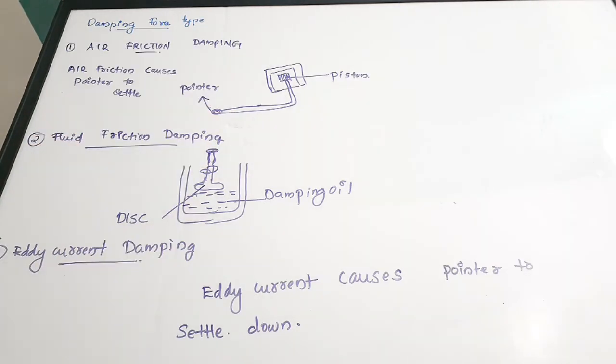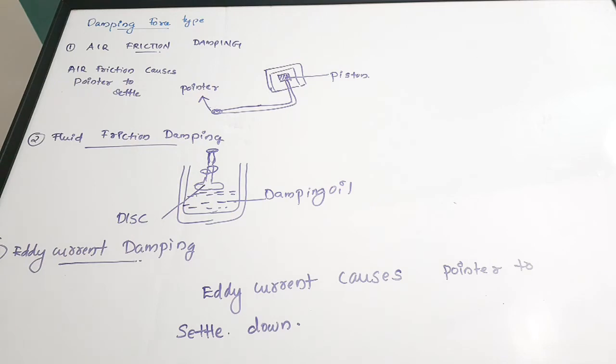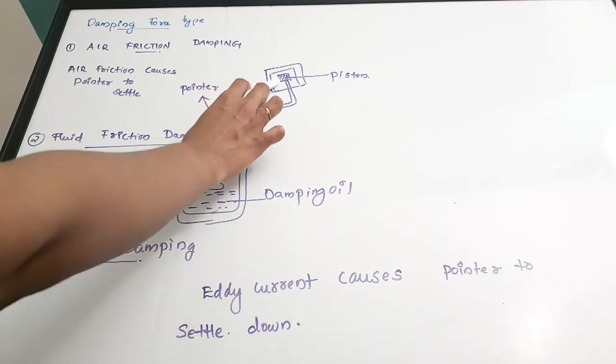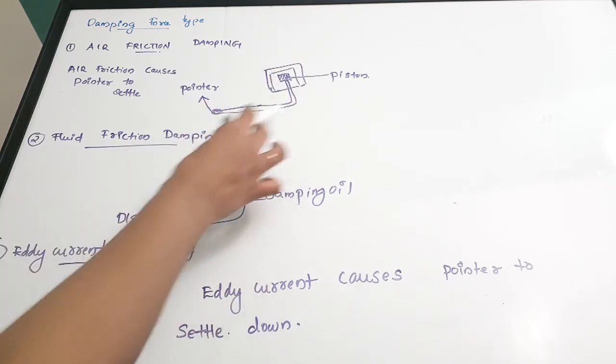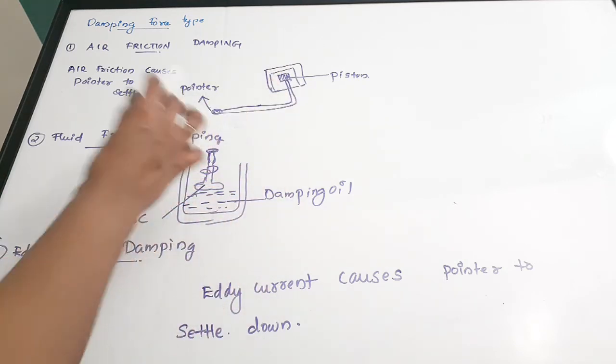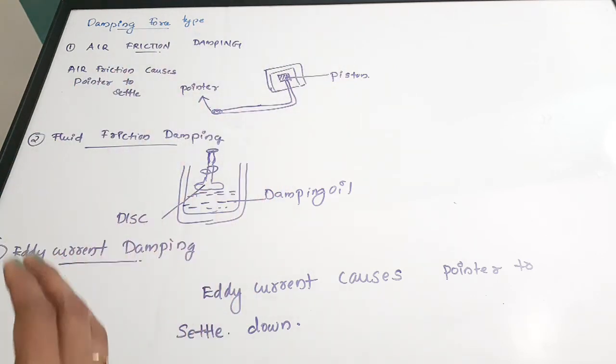So the working principle of these air friction damping instruments is that there will be some airtight chamber, and there is an aluminum piston placed inside that chamber, and to the end of the piston there is a pointer connected. So the movement of the piston and the pointer is connected.